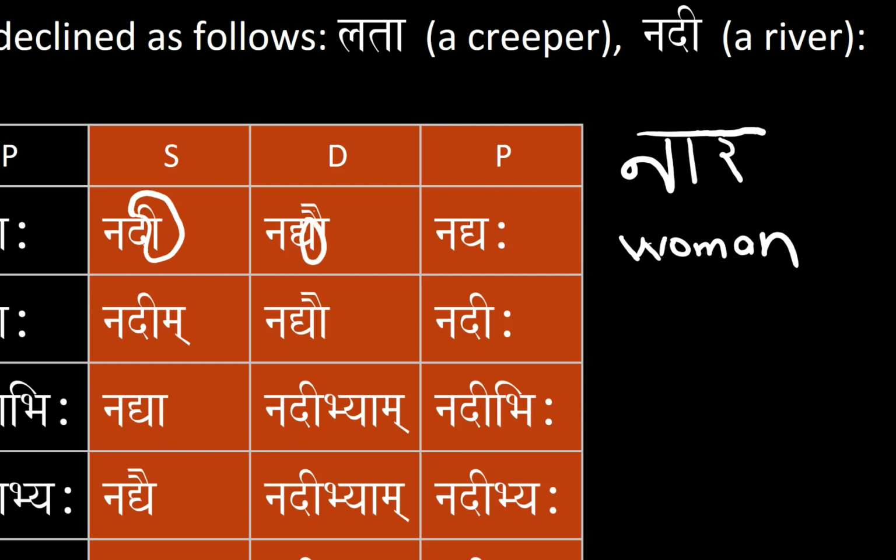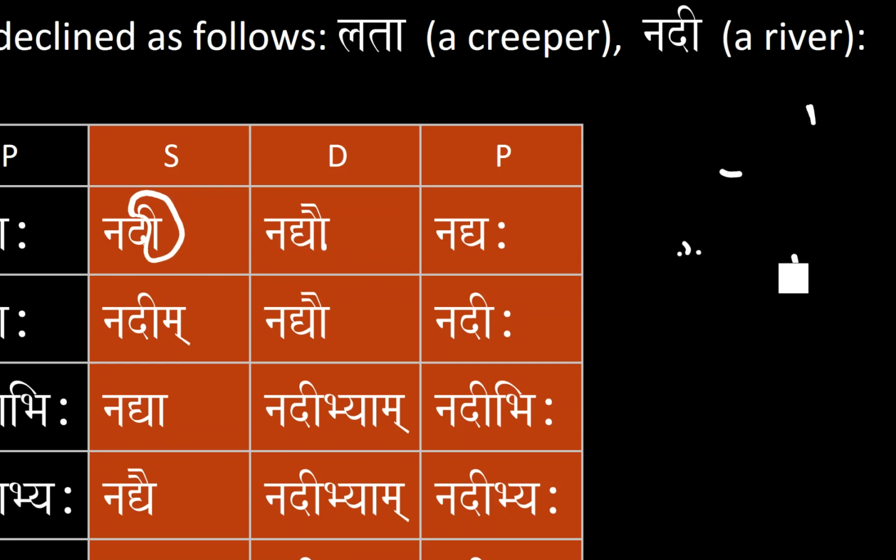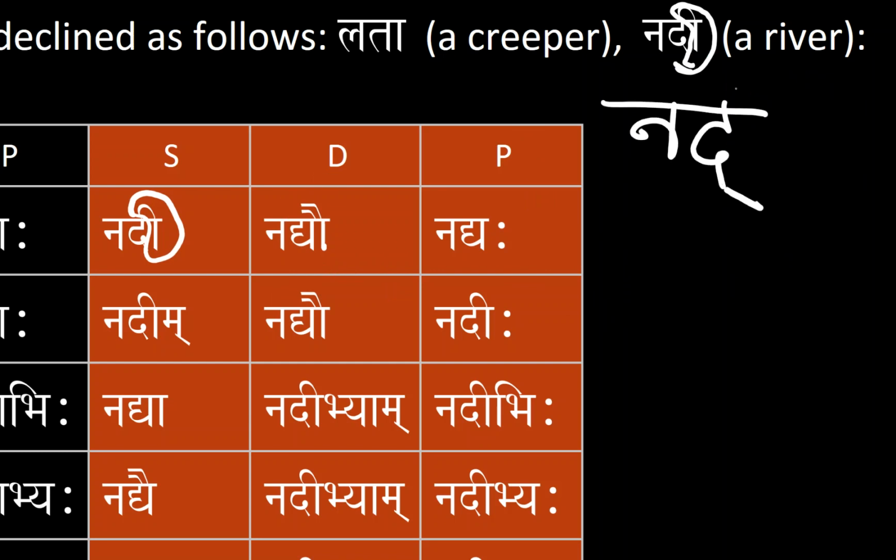So you're adding the ya, and you're making the ra a half, and then it would be naryo. In this case, the ra is half. In the case of nadi, the da became half, because once you remove this long e from nadi, a river, you end up with nad. So what you're actually adding here is yau for nominative dual.